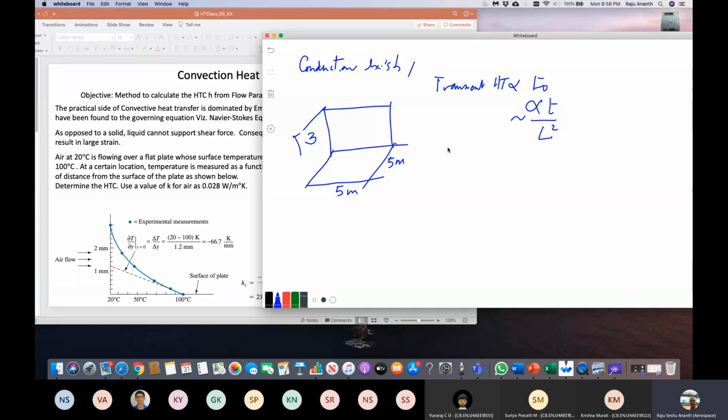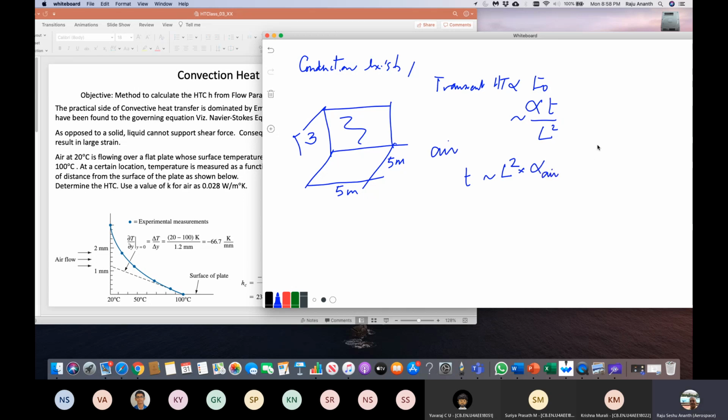So if this is air, and I want to get the approximate time, let's assume the Fourier number is of the order of 1. So t is some L squared over alpha for air.